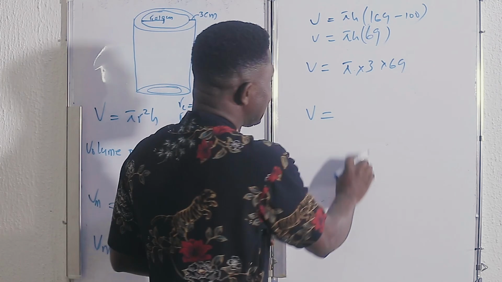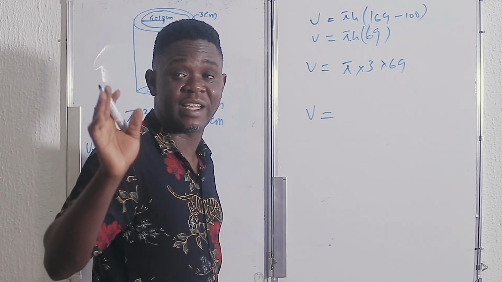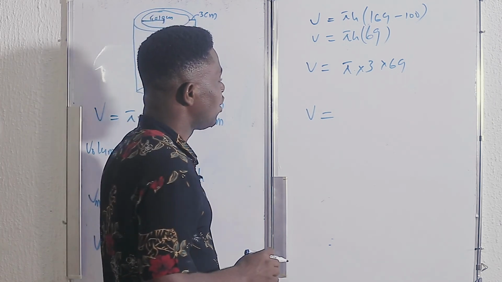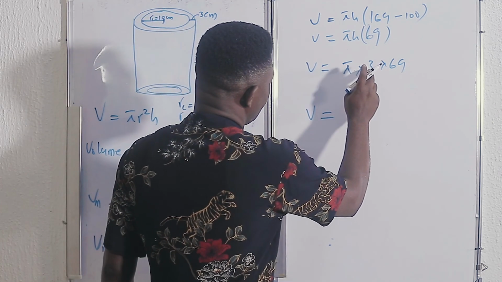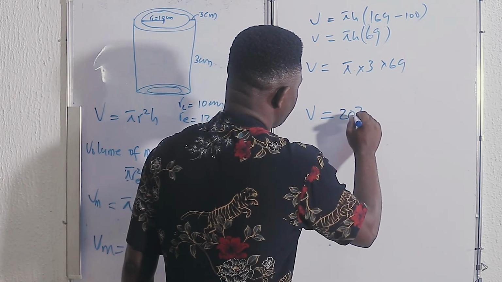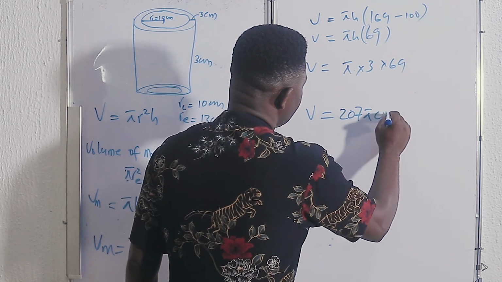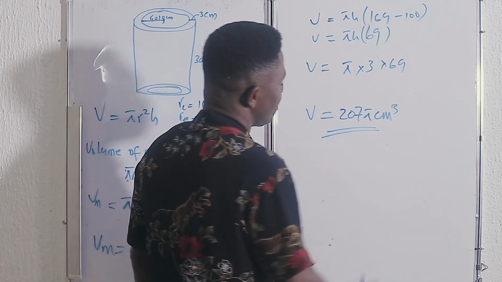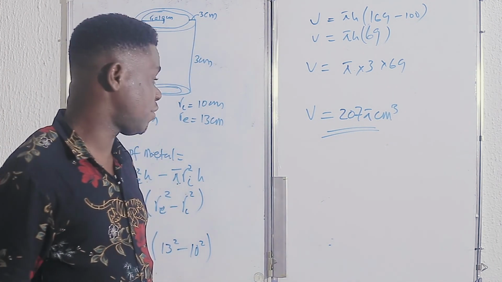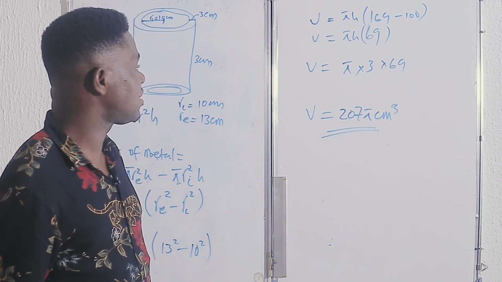Now the options are given in terms of pi, so we don't have to use the value of pi. 3 times 69 is going to give you 207. So 207 pi centimeters squared. So the correct answer there is B, 207 pi centimeters squared.